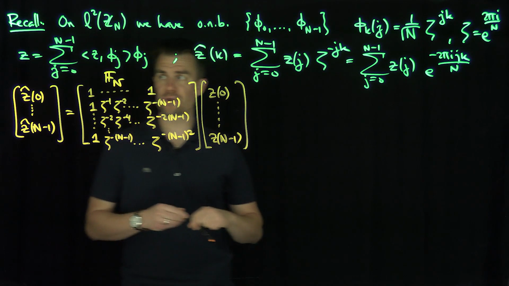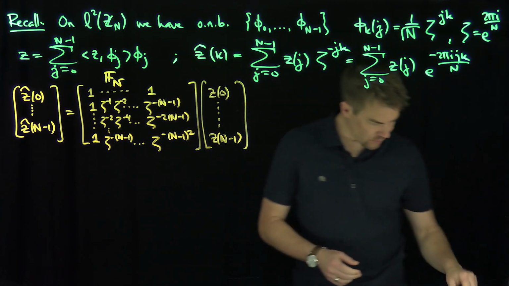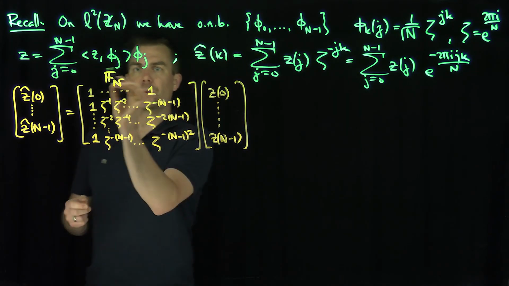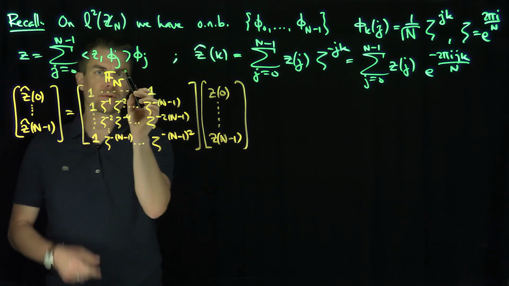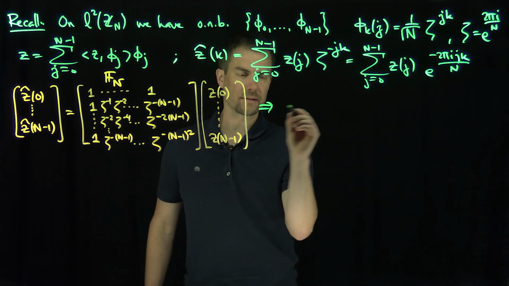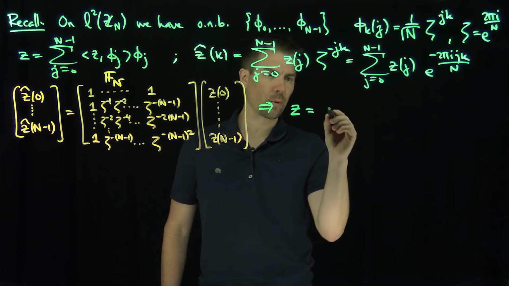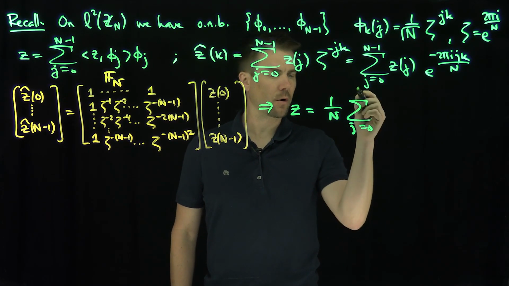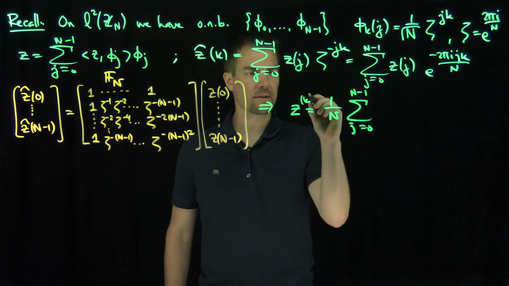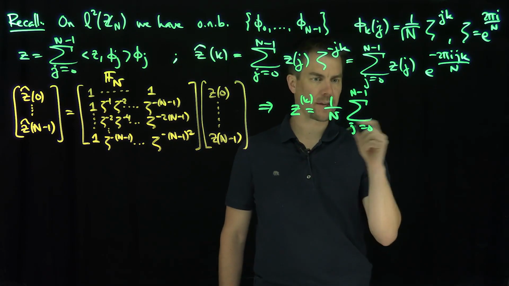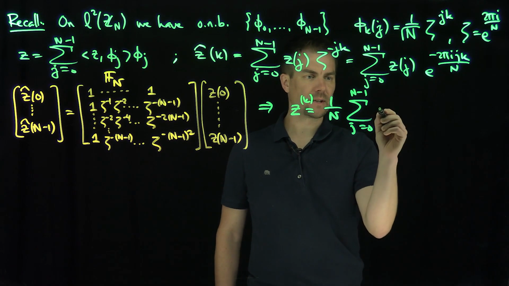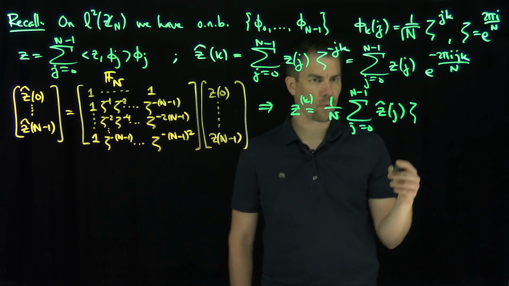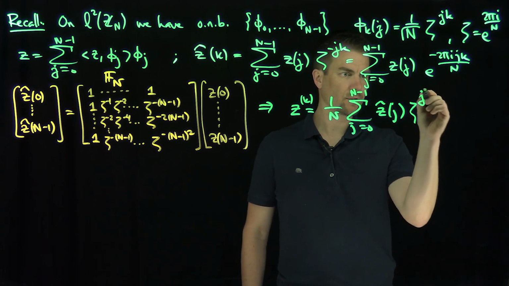So I want to figure out how to do inversion of this. Right, so how do we do the inversion formula? Well, what can we notice? If I want to extract these things, this has a root n. So if I pull the root n out of that, we can conclude that z is really equal to 1 over n times the sum, j goes from 0 up to n minus 1, and let's say z at point k is going to be z hat j times zeta to the power jk.